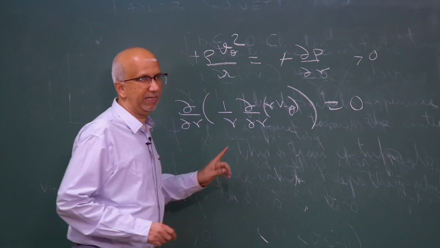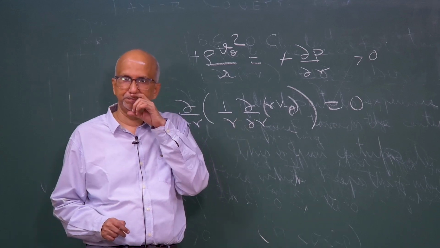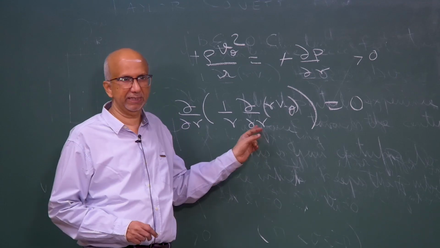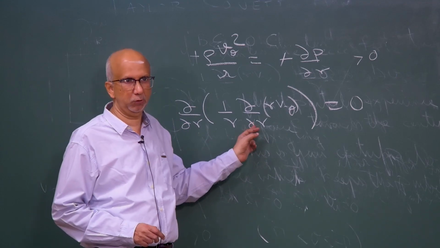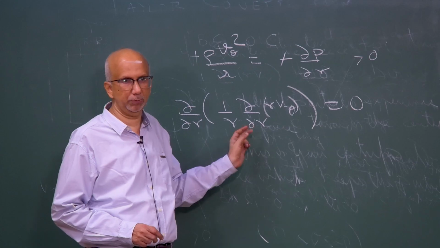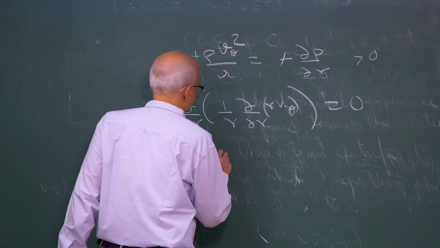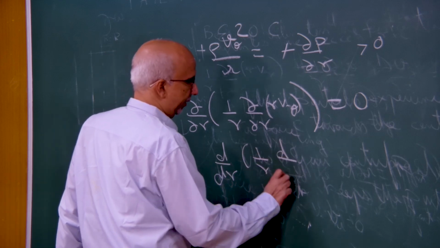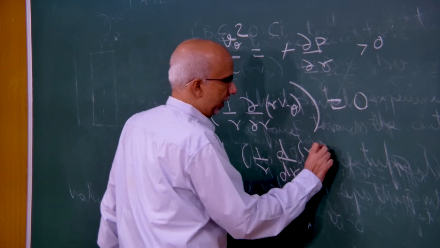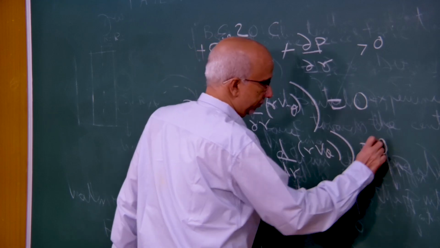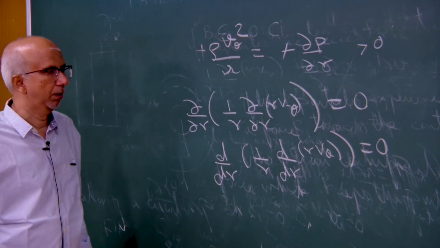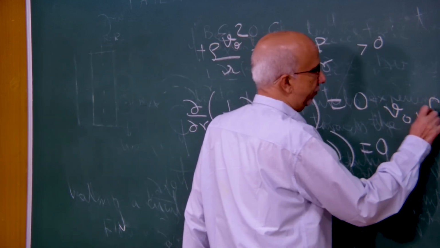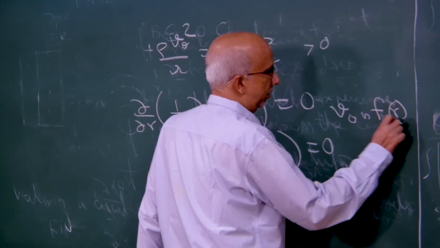And v theta does not depend upon theta, it does not depend upon z. So, these are not partial derivatives, these are actually total derivatives, same argument as before. And so, what I am saying is this becomes d by dr of 1 by r d by dr of r v theta equal to 0, because v theta is a function of r only.